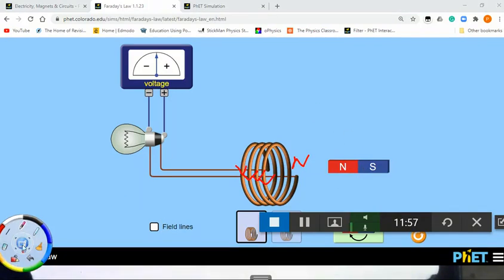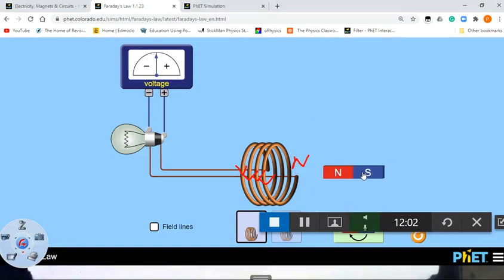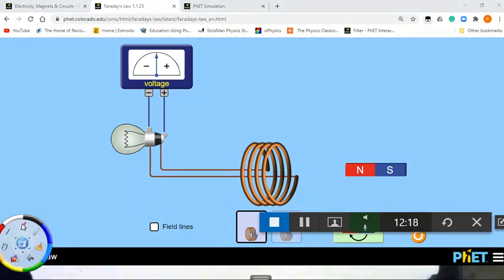And if it flows downwards through the coil, we see that that's a negative reading. Now if I pull it away, I get the opposite. If I take my north and I pull my north out, I get a positive reading. So a positive reading wants to prevent me from pulling out my magnet, so it attracts it. Now when I have a south, it means the north is on this side.